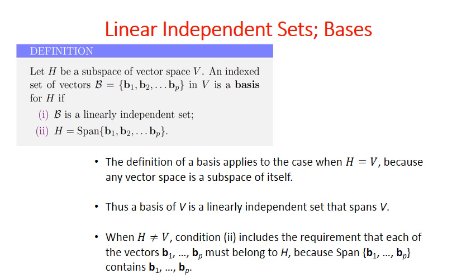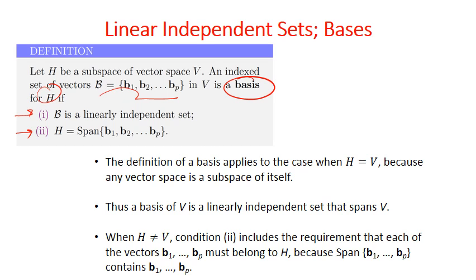Now we have a definition that is referred to as a basis. This is going to come up a lot in your homework, so it's important that you have a pretty firm grasp on this. But basically, if H is a subspace of a vector space V, then this set of vectors is a basis for H if these two things occur.